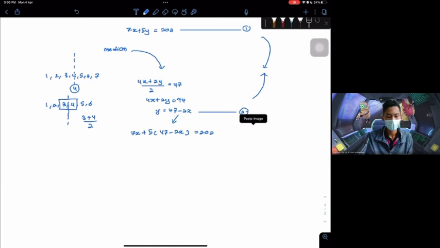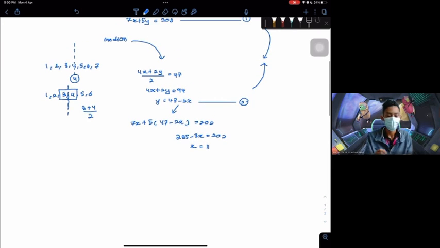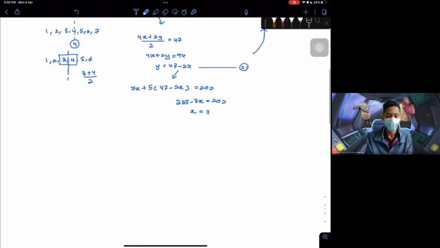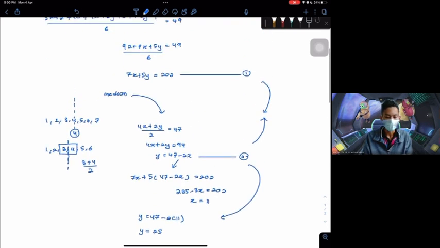We get 235 minus 3x equals 202, and x will be 11. How to get y? When we want to get y, we just take the formula we got just now and substitute the value of x. So 47 minus 2 times 11, and y will be 25. Okay, now we have the value of x and y.